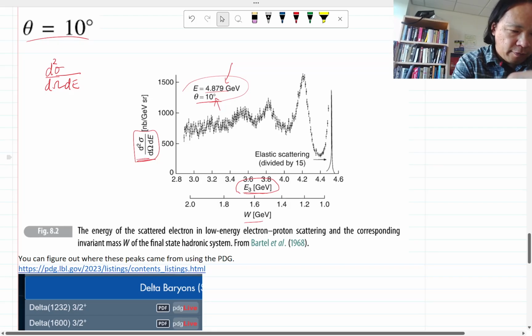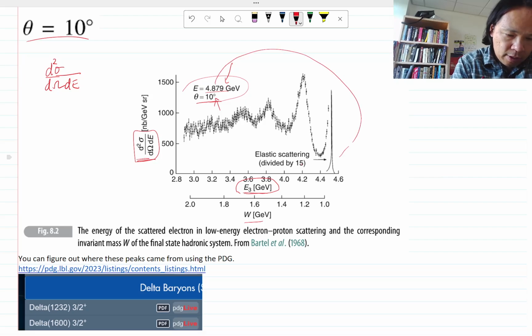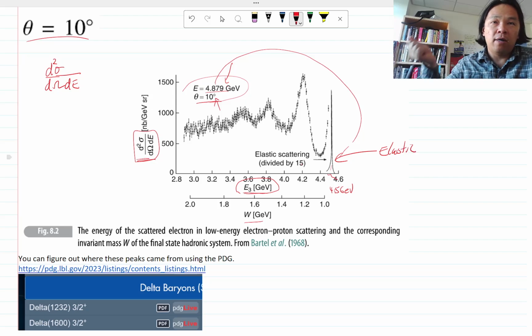Okay. Well, I'll start first of all. Since the beam energy is about 4.8 GeV, anything that's above 4.5 GeV of E3, these are all elastic scattering. Okay. That's the Rutherford, the Mott, and the Rosenbluth scattering.